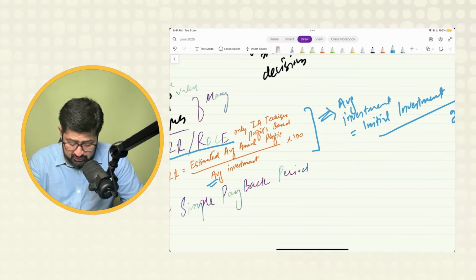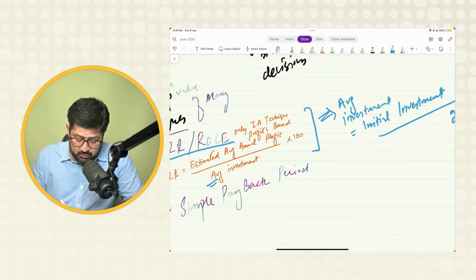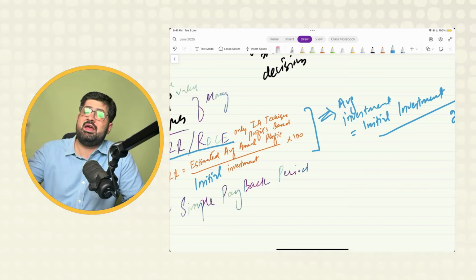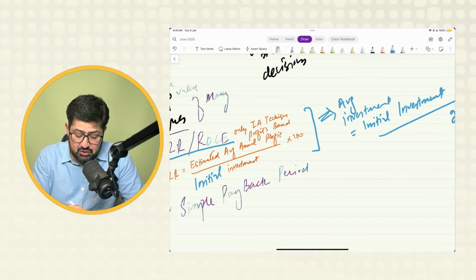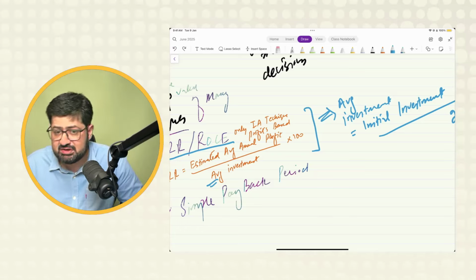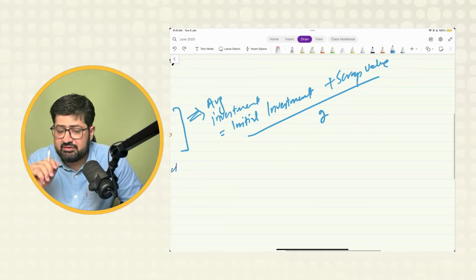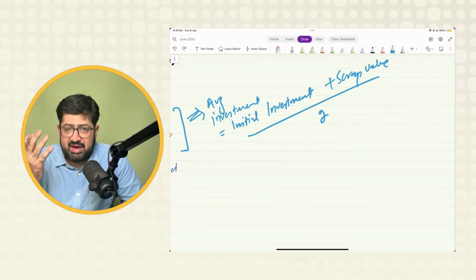Then in the formula, instead of average investment, we utilize initial investment. It is done only when the examiner asks you to do so. Otherwise, average investment is the preferred formula.